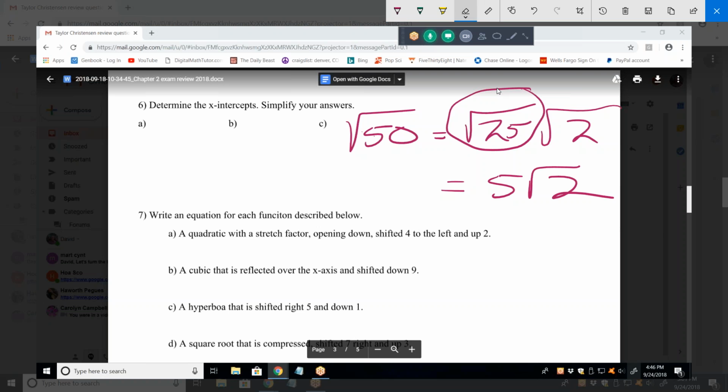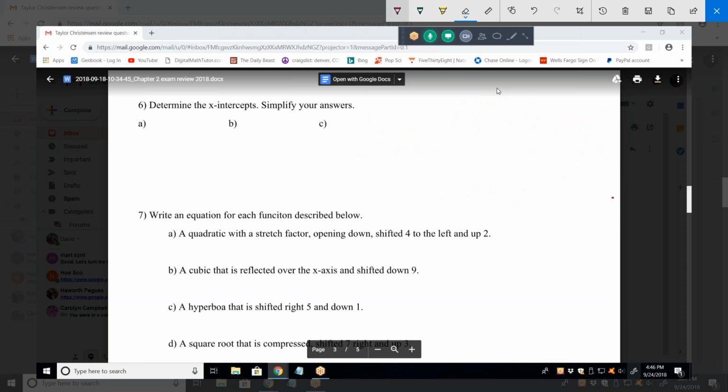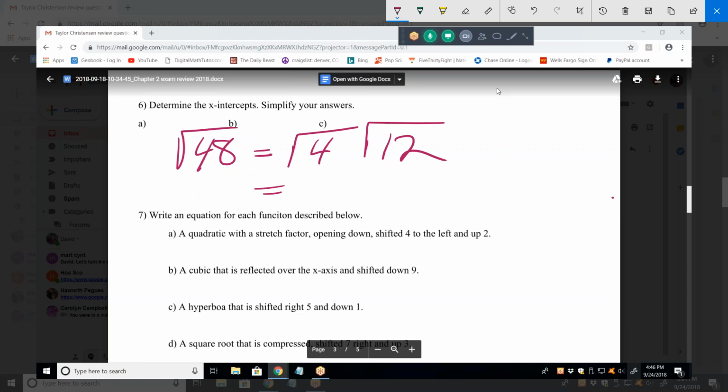Now, let's go back to the other one that we just did. I'll just take 2 more minutes of your time. Square root of 48. Let's assume that I didn't realize 16 was a factor of that, and I do know that 4 is a factor. So that becomes that.